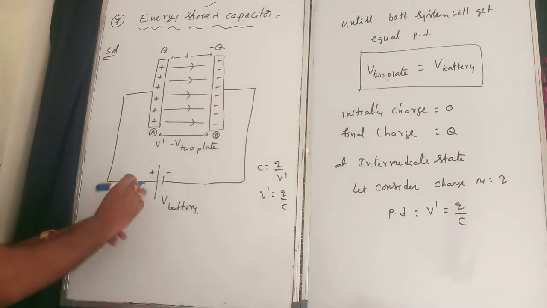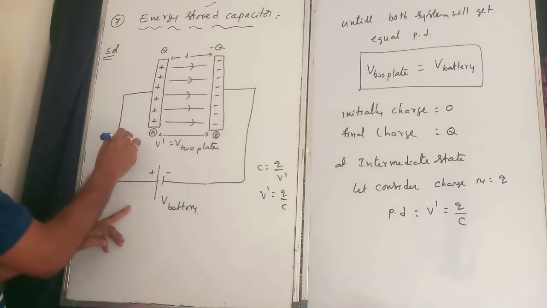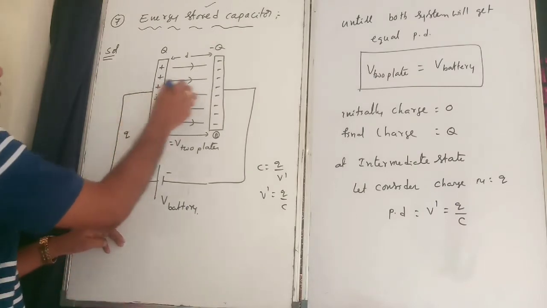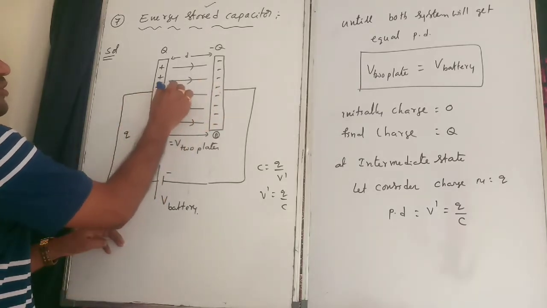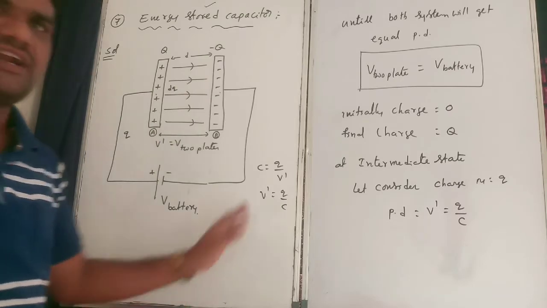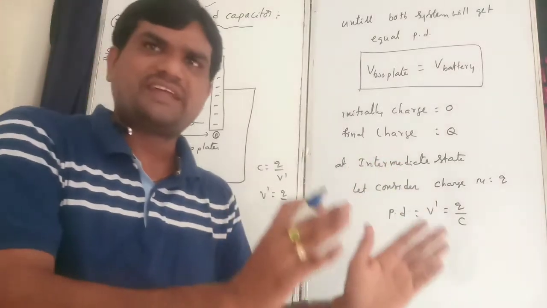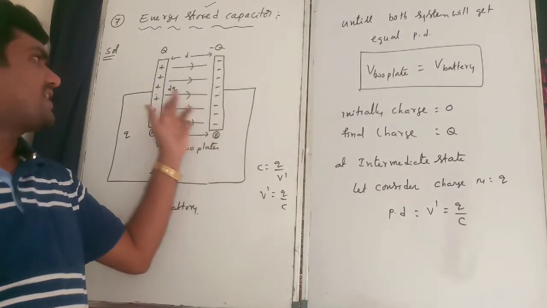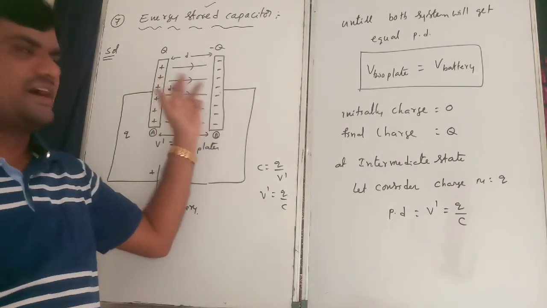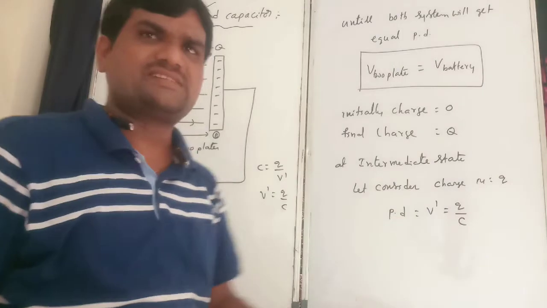That means we want to bring that charge Q from here to here. So we consider a small charge, dq, and continuously we take dq charge from here to here. Some work we want to do. What is that?